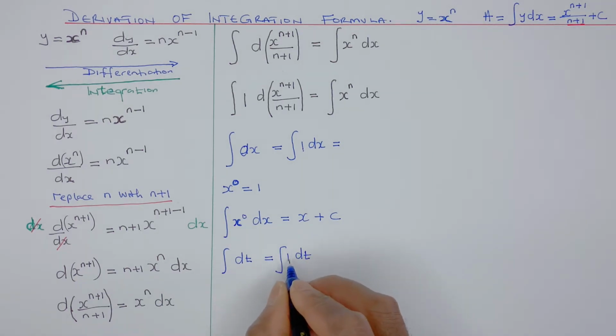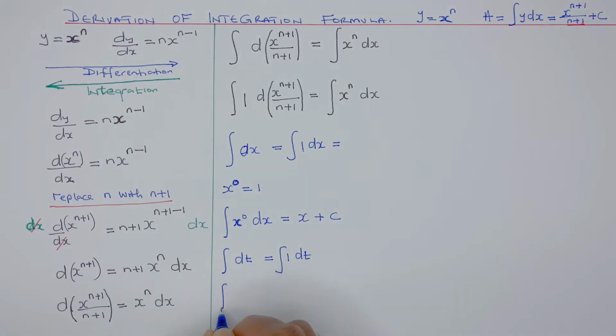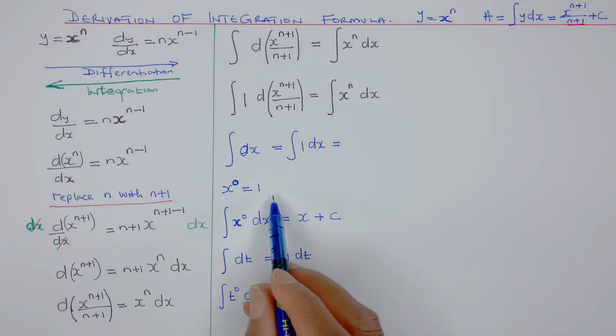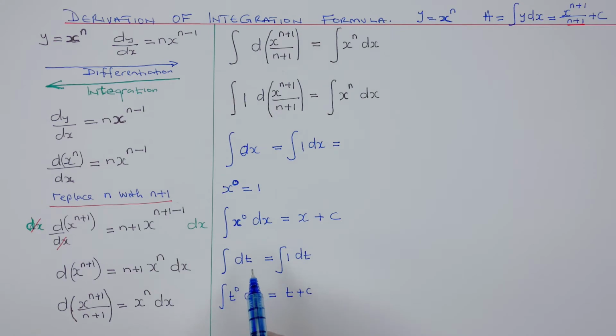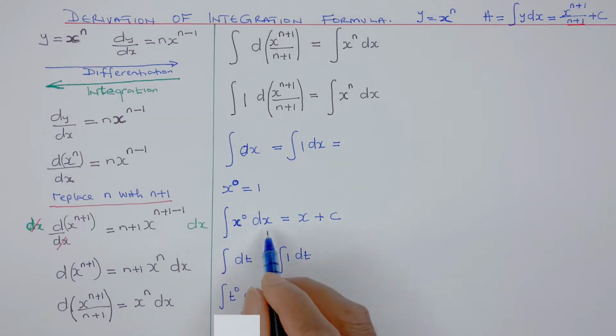But because I'm integrating with respect to t, that will be integral of t to the power of 0 dt, and that will be equal to t plus c. T to the power 0 is 1. Anything to the power 0 is 1. And that's why I get t plus constant c, just like that.